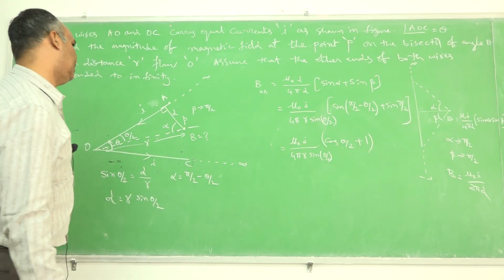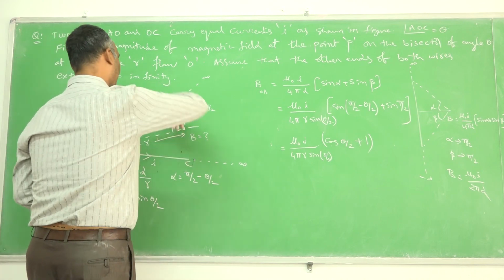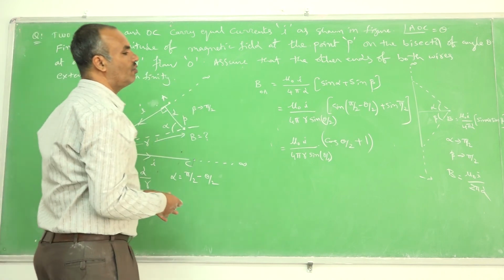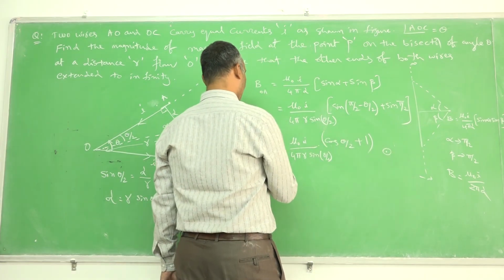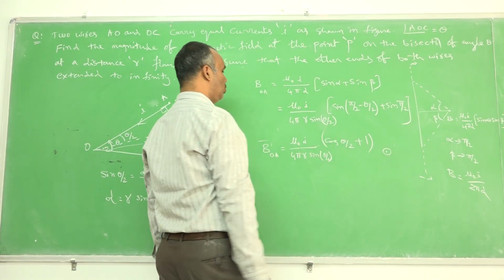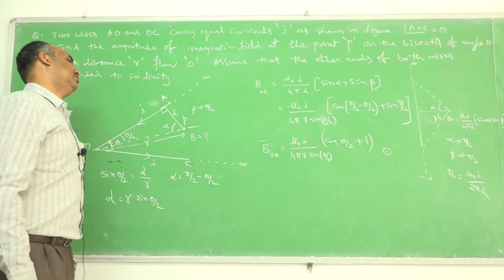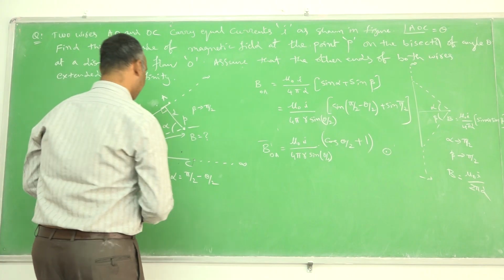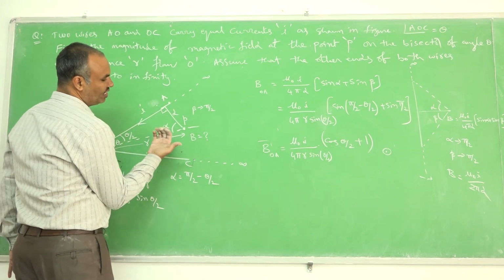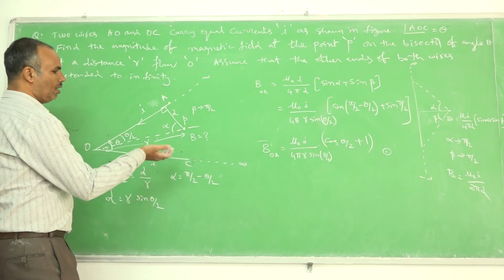This field is out of the paper. As the current is going like this, according to right hand thumb rule, this field is out of the paper. B bar due to OA is given like this. B bar due to OC: here current is going like this, it is also out of the paper. The same argument.